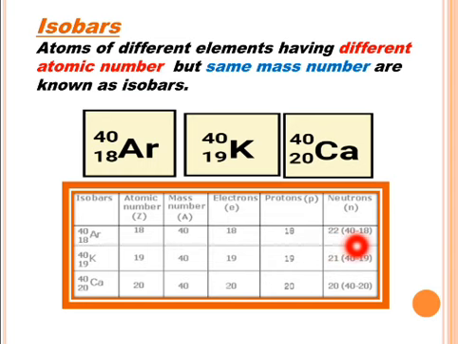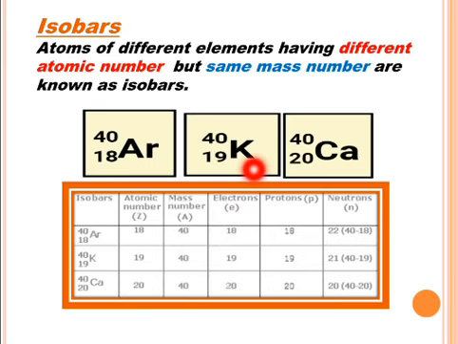By subtracting the atomic number or number of protons from the mass number. By subtracting the atomic number 18 from mass number 40, neutrons come out to be 22. So argon has 18 protons, 18 electrons, but 22 neutrons.